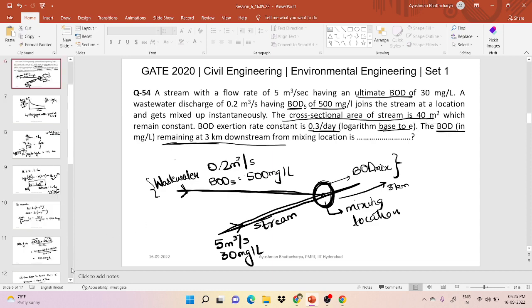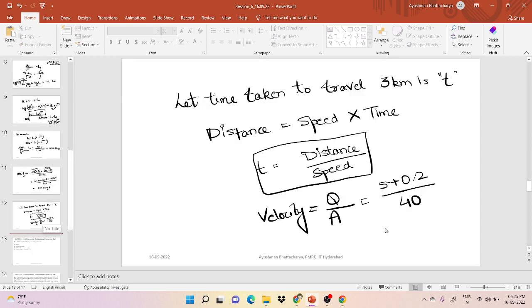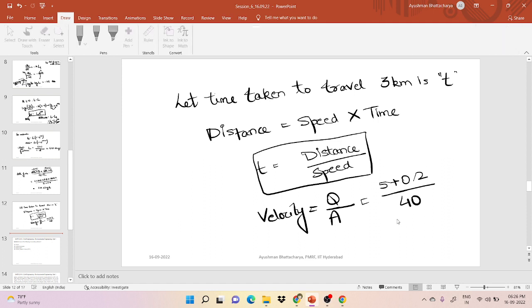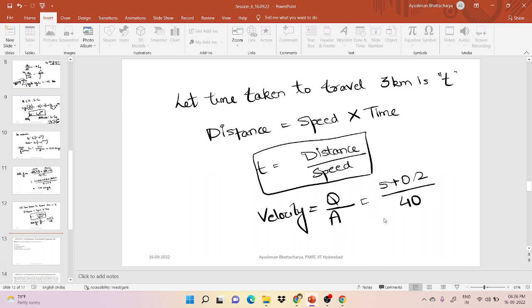So divided by 40, we will get the velocity. If we divide 5 plus 0.2 by 40, we will get 0.13 meter per second.